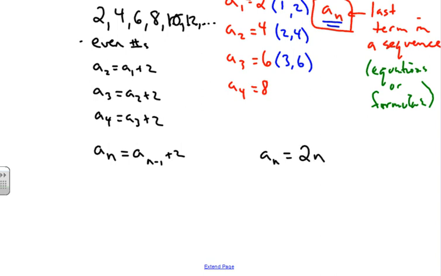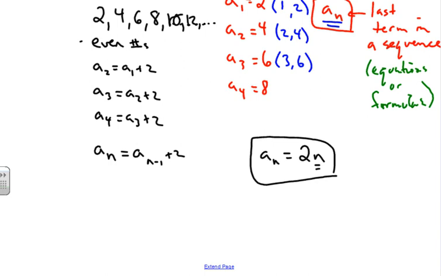Let's just test it out. If I plug a 1 in here, this is my input, I get 2. I plug a 2, I get 4, I plug a 3, I get 6, I plug a 4, I get 8. And if I plug an n in, I get 2n. So right here, this is my nth term.